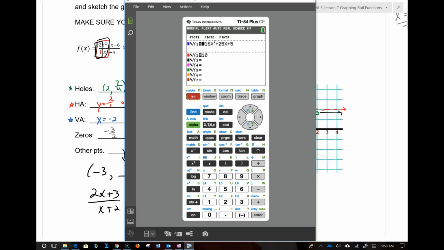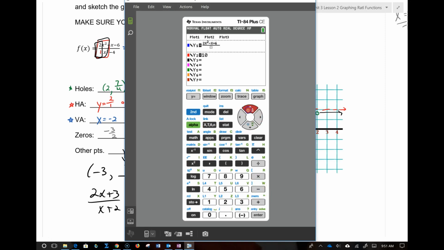All right, go to y equals, clear this off. Plug in the original function, just put in the very first one here. So I'm going to have alpha y equals, 2x squared minus x minus 6.